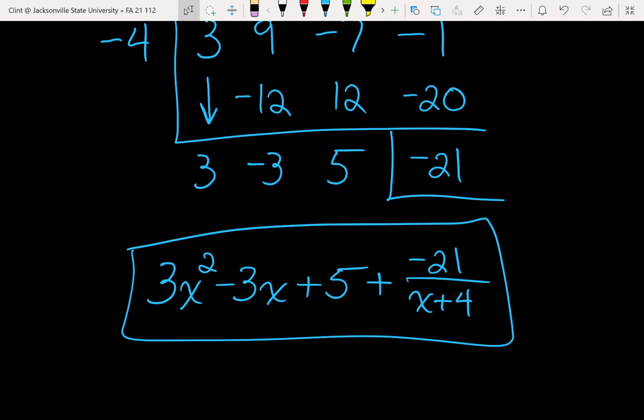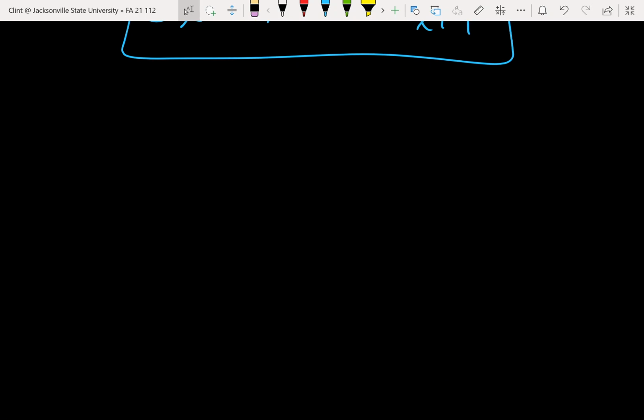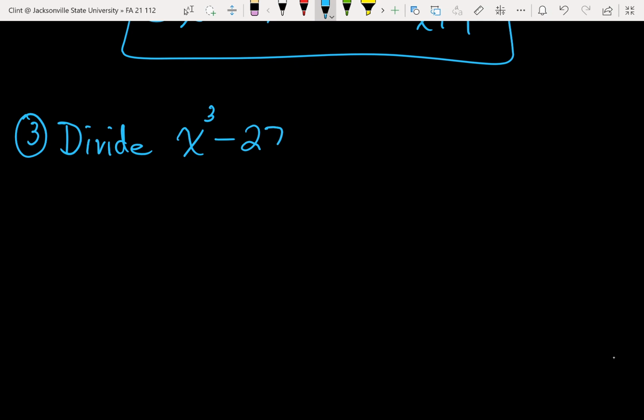Okay. Got one more division here, and let me write it down, and then I'll let you pick which way you want us to work it. Okay, so this one, we are missing some powers of x.